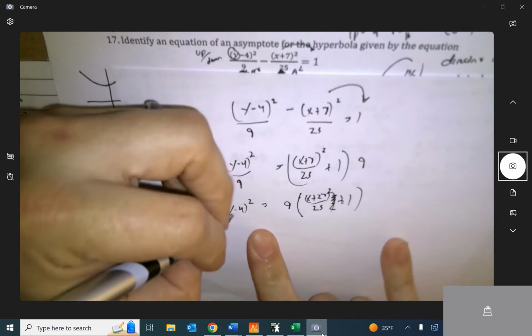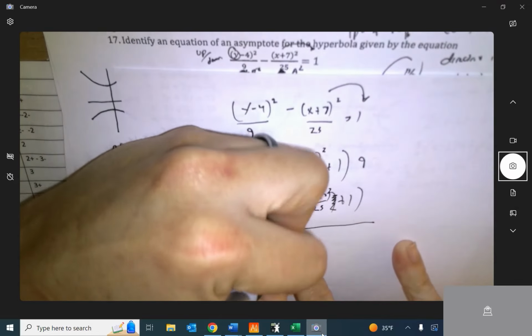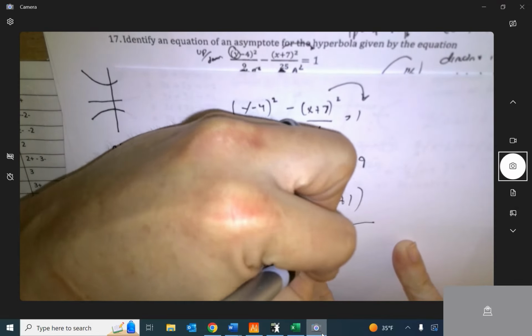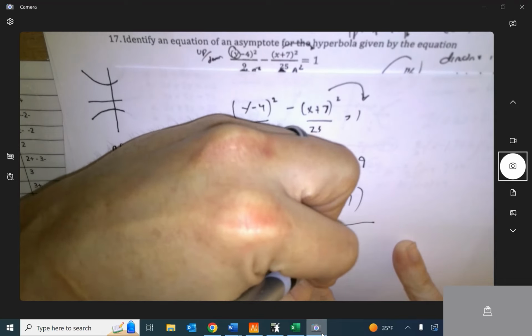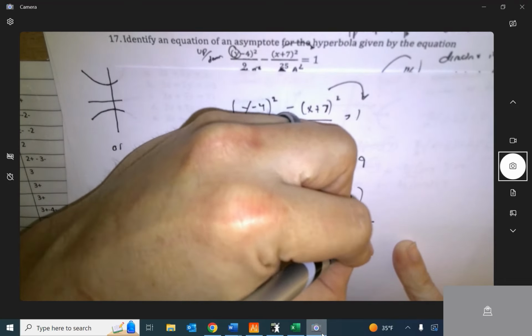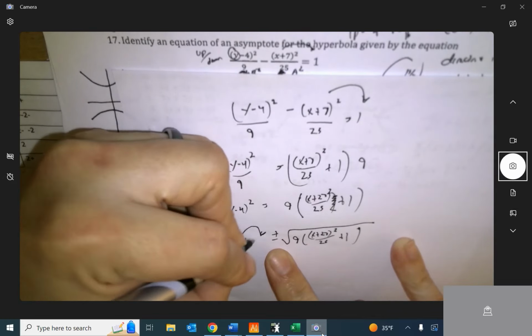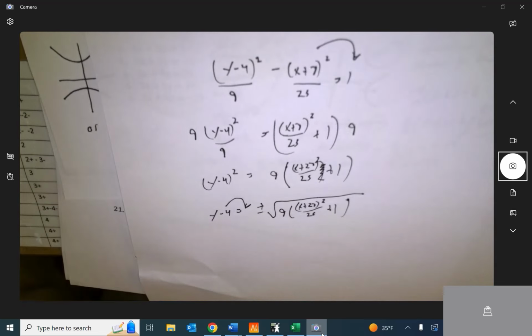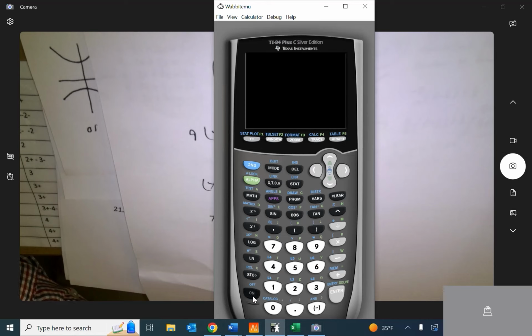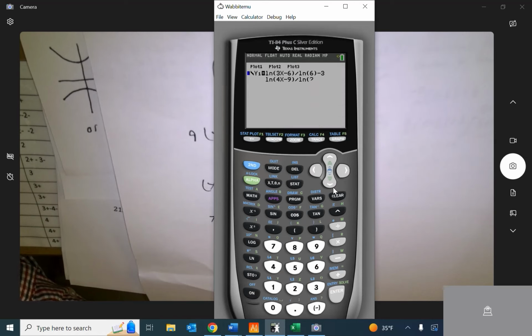I'm going to counteract squaring by square rooting. I'm going to remember the plus or minus symbol, and then I'm going to add 4 to both sides. This is what I'm going to type in a calculator. This is called a hyperbola, and you have never seen a hyperbola. Let's see here, I have 4 plus the square root of that thing.